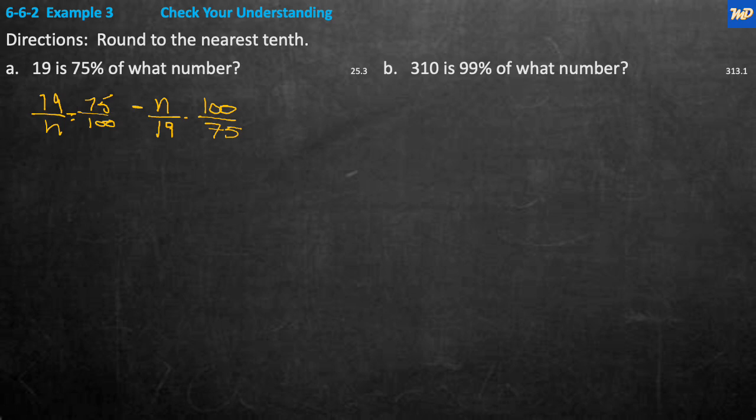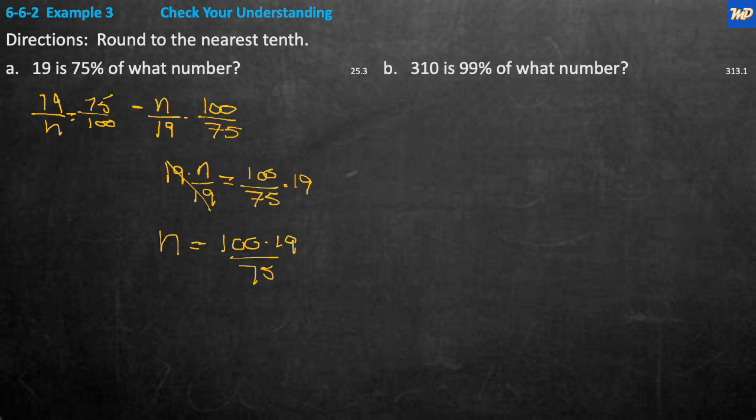So all I have to do is multiply by 19. And 19 times n over 19 equals 100 over 75 times 19. The 19s cancel, n equals 100 times 19 over 75.